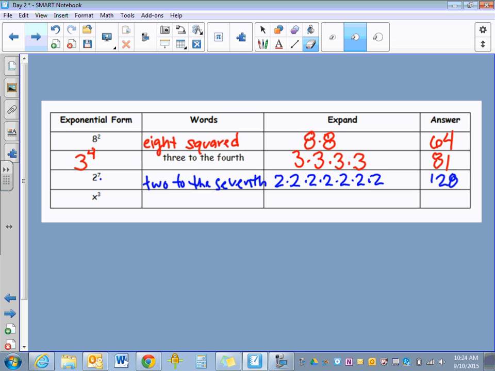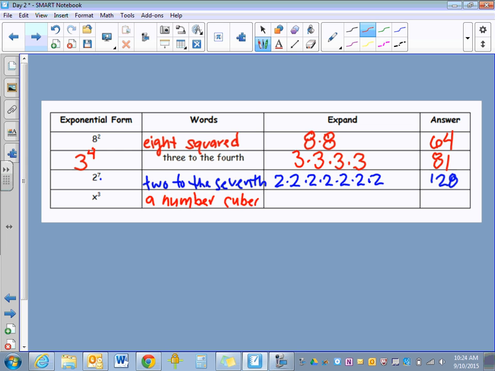Okay, our last one. We have x cubed. What do we say when we have a variable? When we were translating it into verbal expressions on your homework, what did you say when you saw a variable? A number, right. So we have a number cubed.